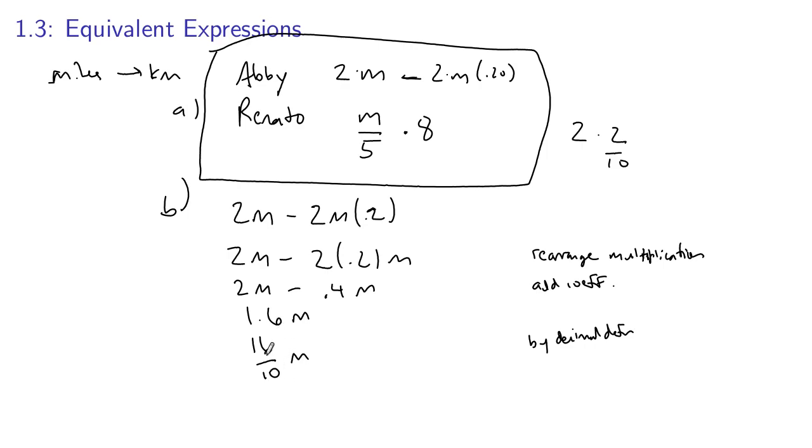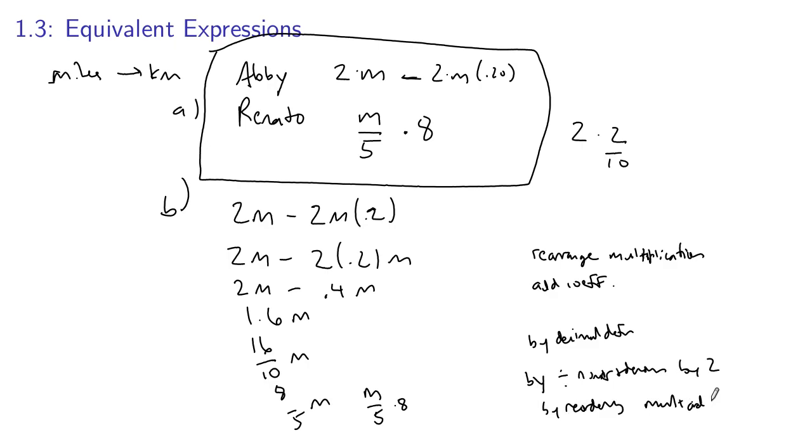And then by fraction simplification, we can divide the numerator and the denominator by 2, by the same number, and get 8 over 5 m. And 8 over 5 m is the same as m over 5 times 8 by reordering multiplication and division, which is allowed when we talked about PEMDAS, or the order of operations.